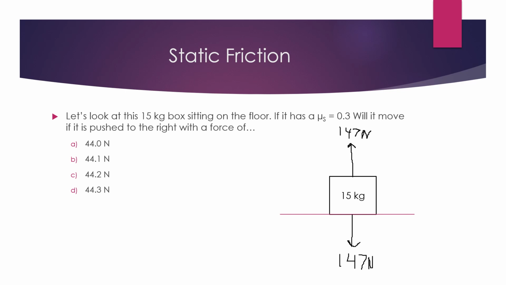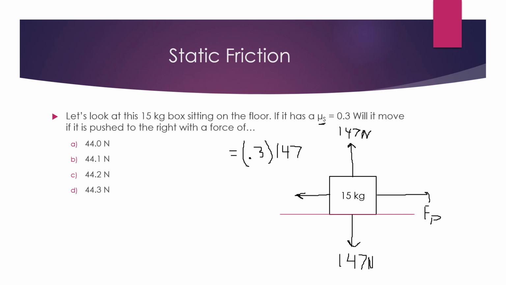So here's the question. I know that the push is going to be over here. It says push to the right. So here's your F of P, your external push. I know the friction is going to go this way. All right. Well, what is the friction? What is the static friction? Well, the coefficient of static friction is 0.3. The normal force is 147.